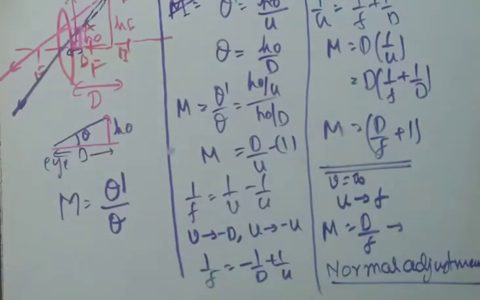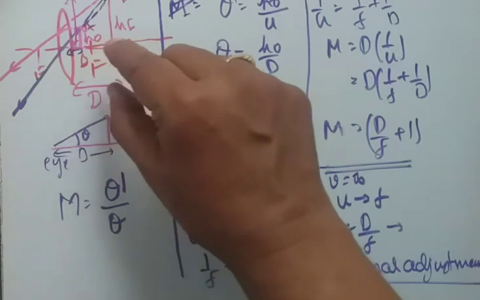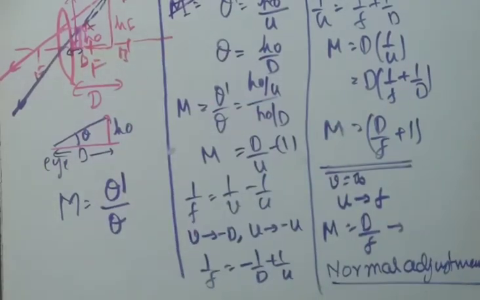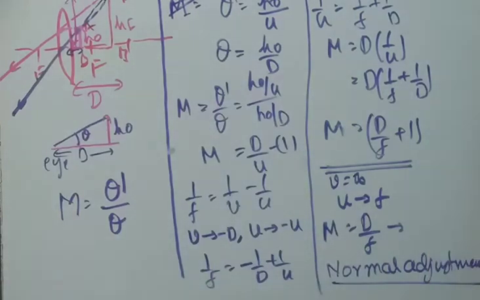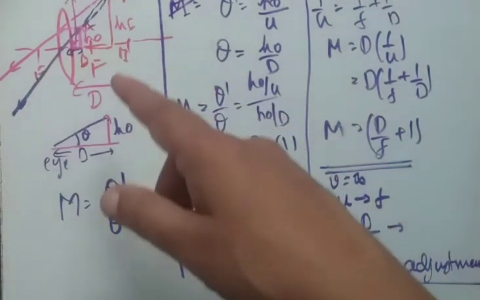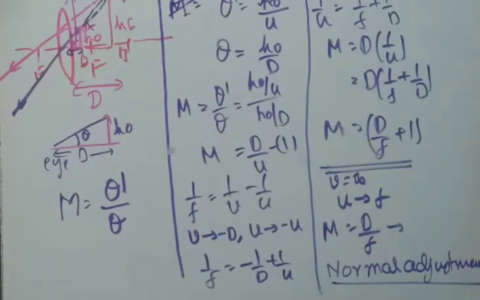And the diagram is like this. We have taken an object AB of size h_o within the focal length. Then it forms a virtual and enlarged image behind the object, that is on the same side of the object. Our image is A dash B dash.